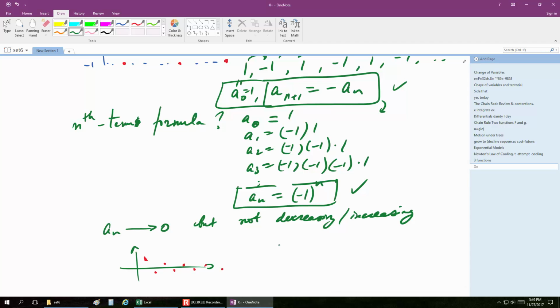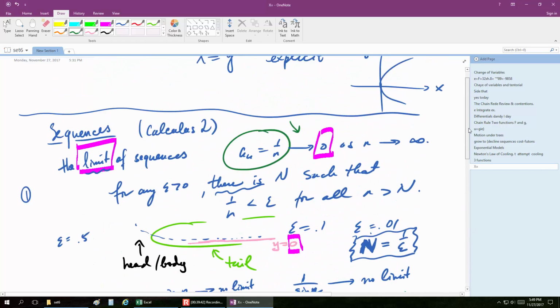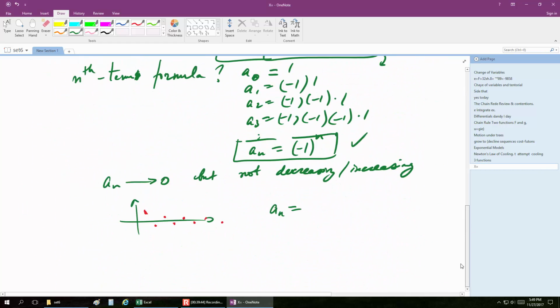So the last question: what's the formula? Decline in the amplitude, we know how to do it. It's 1 over n. On the other hand, it oscillates, and we also know how to do that right here. So what's the answer? -1 to the n over n. So oscillation over n. Okay, so we'll do some more reviewing next time.